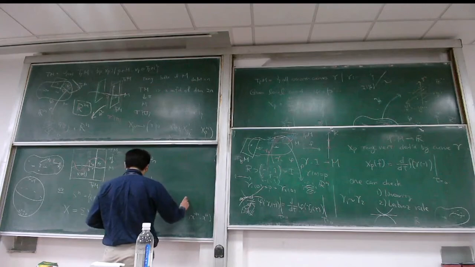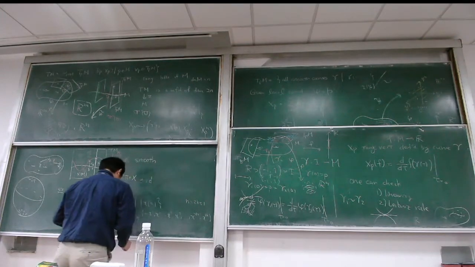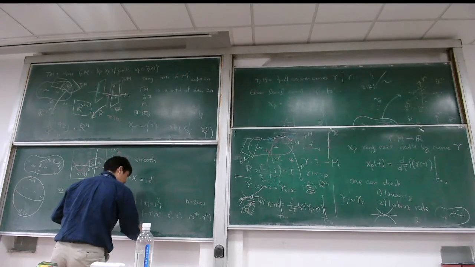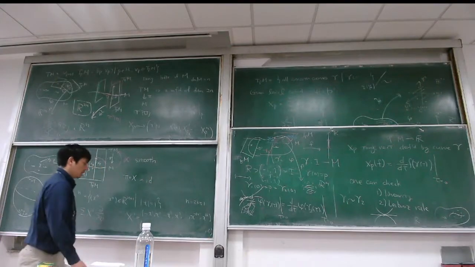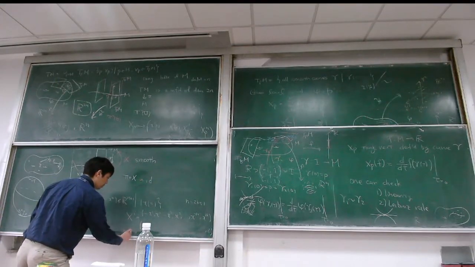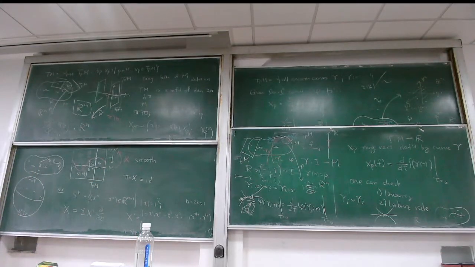When n is odd, this works, and if n is even, I just define the same thing with 0. So this will define a smooth vector field.